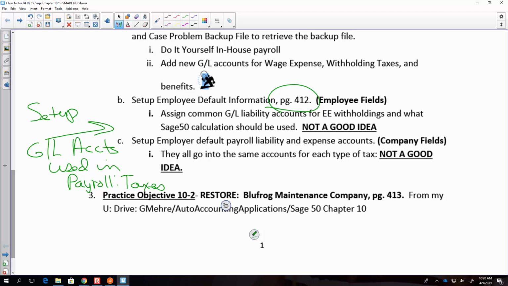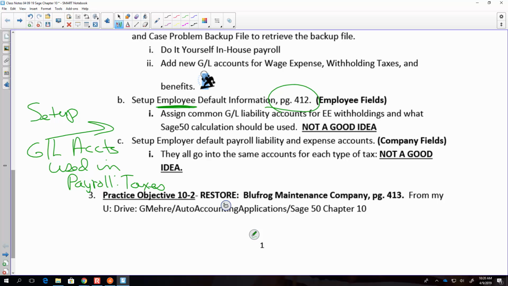Now, this is the employee deductions, right? Do you notice in figure 10.7, you're on the employee tab for the defaults? If you go to figure 10.8, what tab are you on now? Employer. Employer tab. So look at what taxes are on the employer tab. They have unemployment, and which other ones?